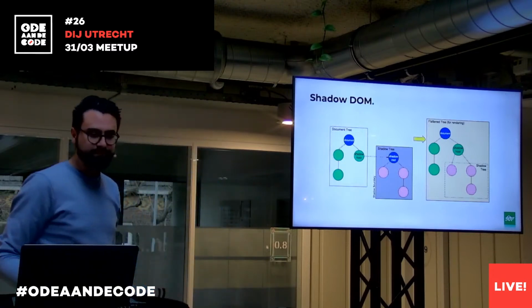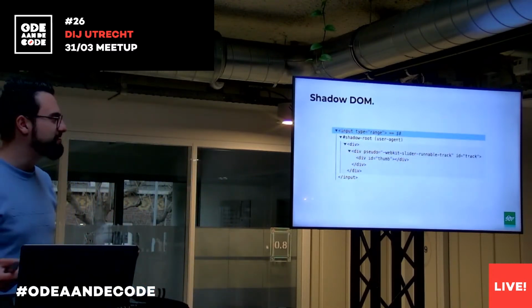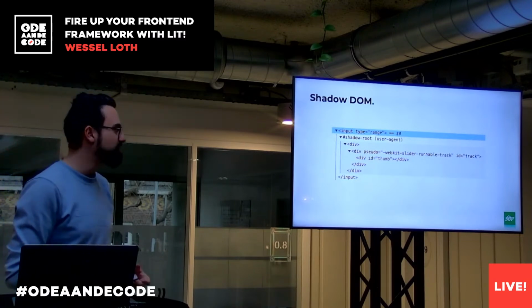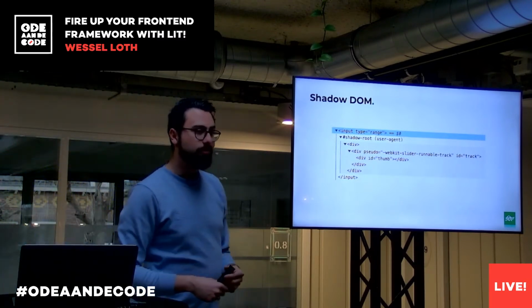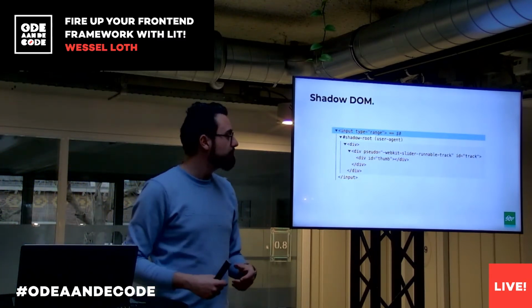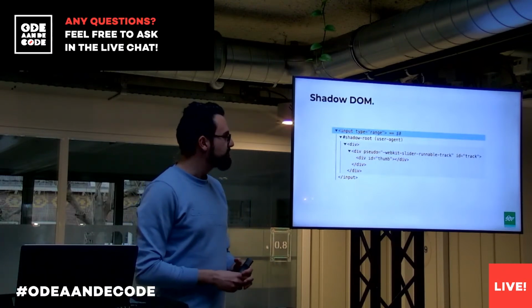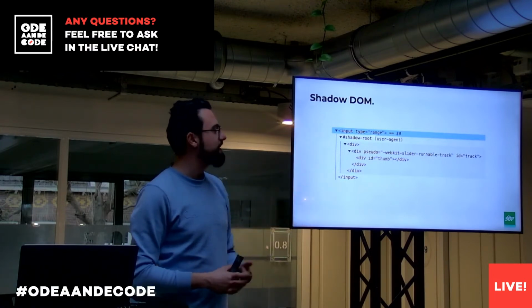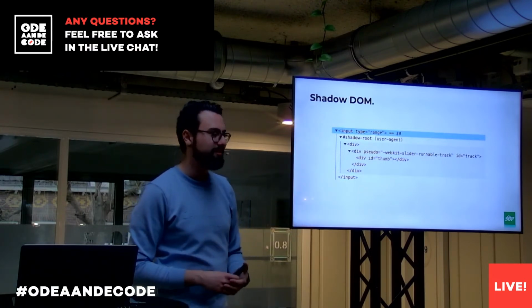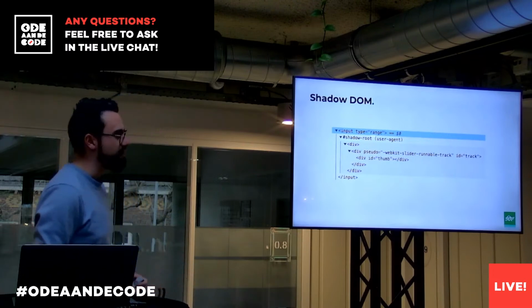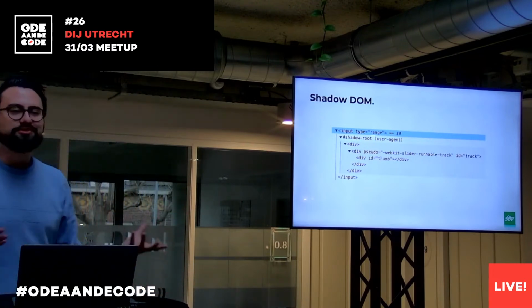The cool thing about Shadow DOM is you already use it. You probably don't know, but you can enable a setting in your Chrome DevTools or any DevTools to show user agent Shadow DOM. And what that shows is that most of the default elements have some sort of Shadow DOM implementation. So if you're looking at this input type is range, you might wonder, how does it render under the hood?